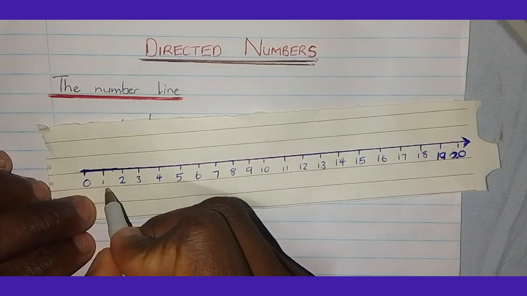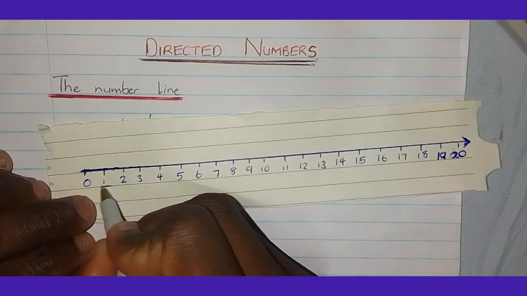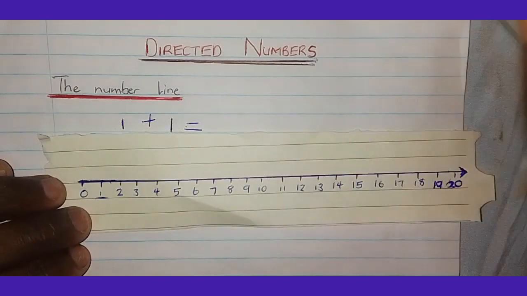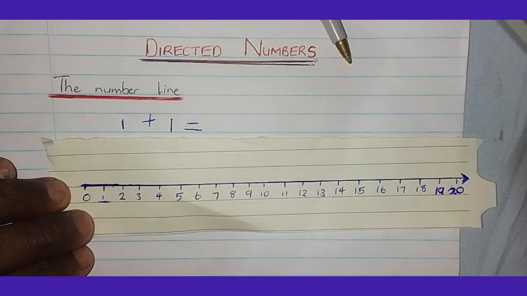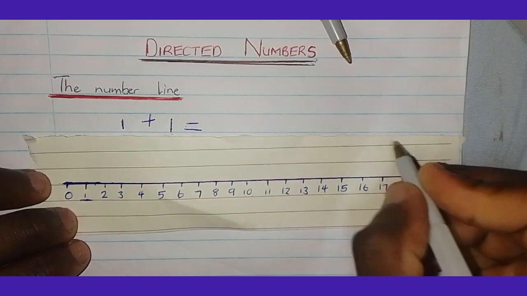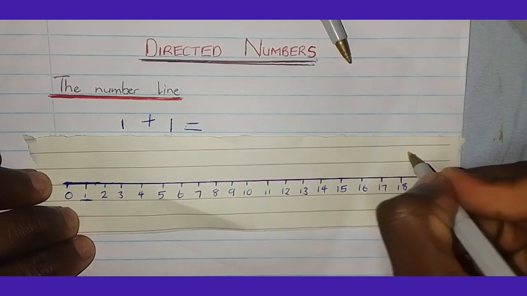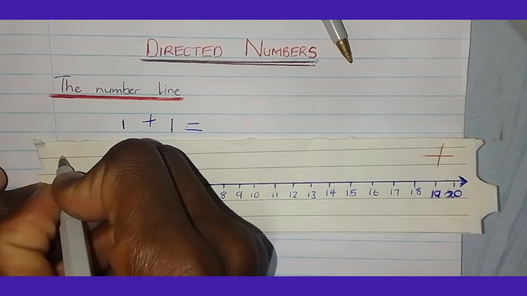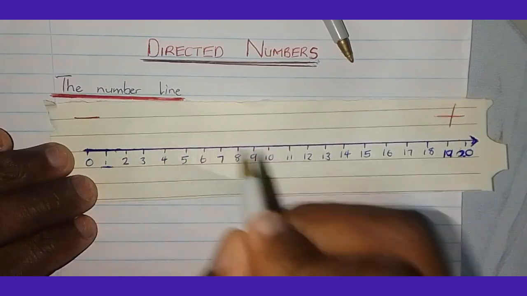On our number line, we can all see that our 1 is here. Before we do that, let's do a little labeling. Let's label our number line. Let's call this the positive side, and let's call this the negative side.